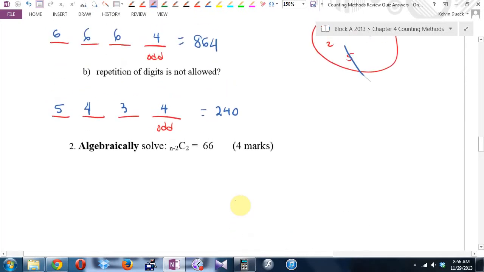The first thing I would do is write out the definition of choose. Sorry, not P, Mr. Dueck. nCr is n factorial over r factorial (n minus r) factorial. That's on your formula sheet, right from that yellow sheet.